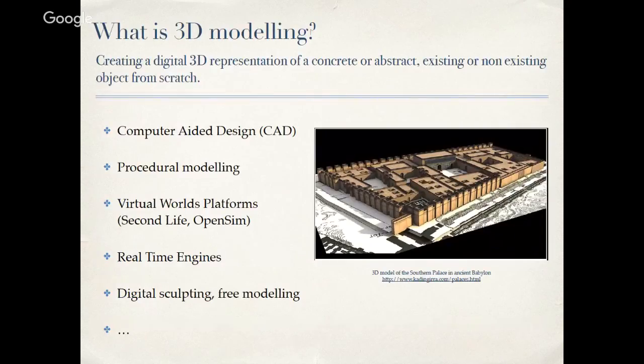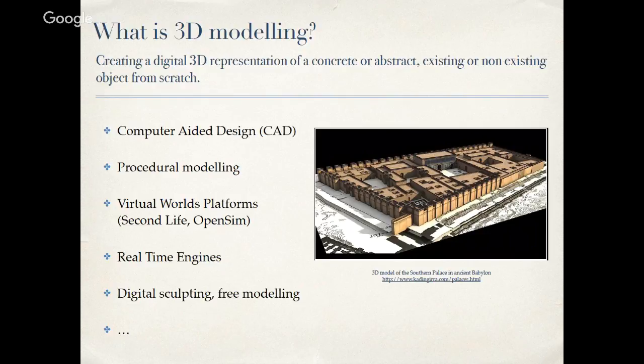So let's start with a simple definition of 3D modeling that is, more than being a very neat and univocal definition, just something to help us distinguish it from other technologies, like, for example, the 3D imaging that we have discussed last time.